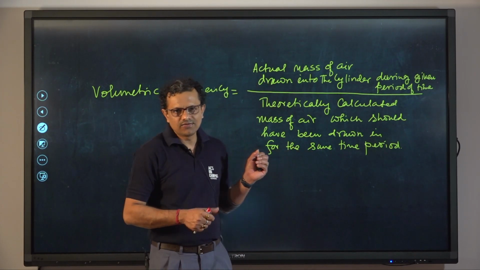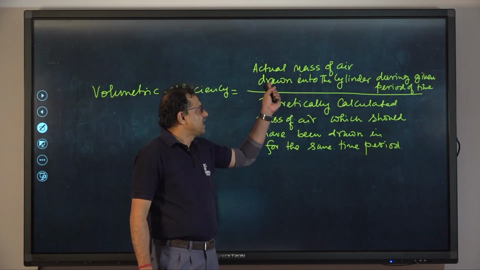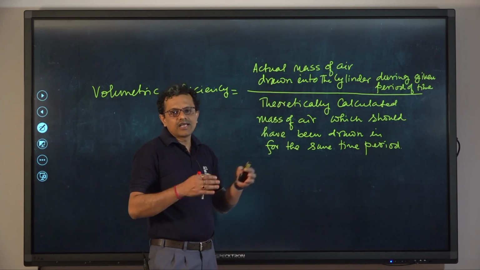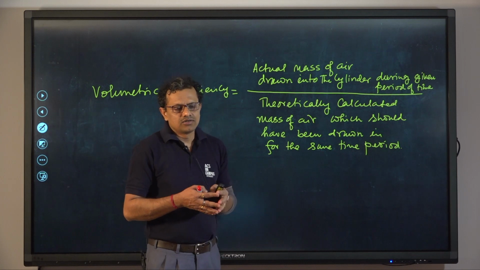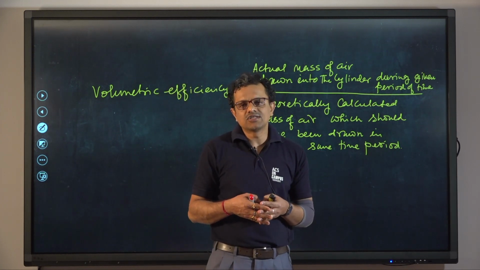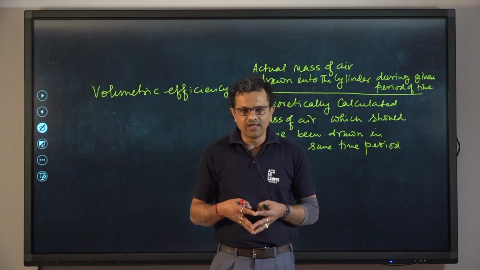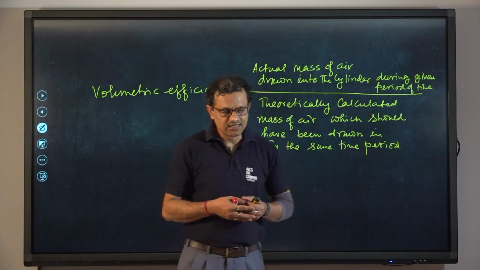Certainly, from the definition of volumetric efficiency you can understand that the actual mass of air or actual mass flow rate of air that will take part in the combustion is always less than the theoretically calculated value. That is why this efficiency is defined.